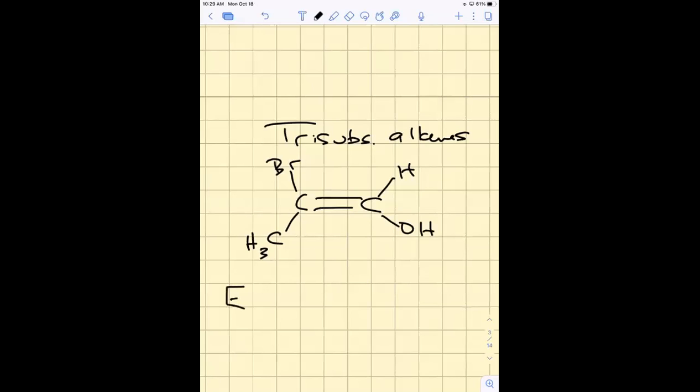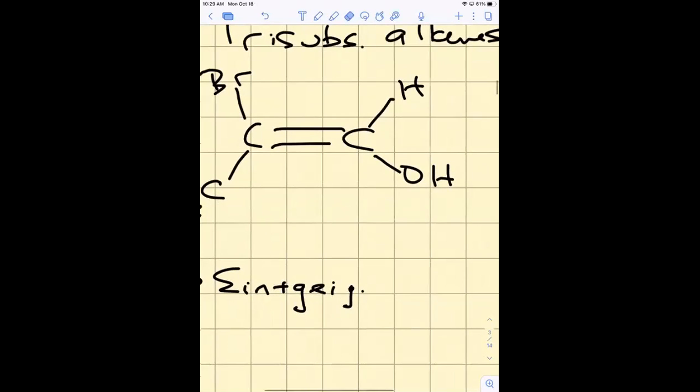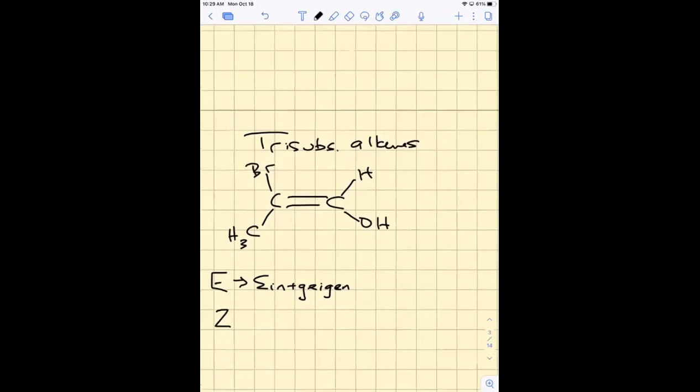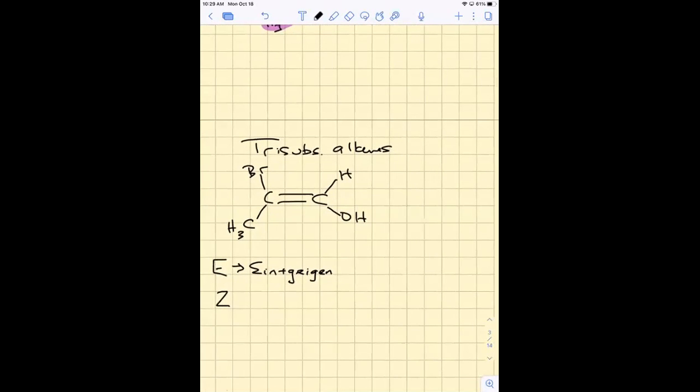You use what we call E and Z. E is short for Entgegen, a German term that just means opposite, and I'll explain that in a minute.